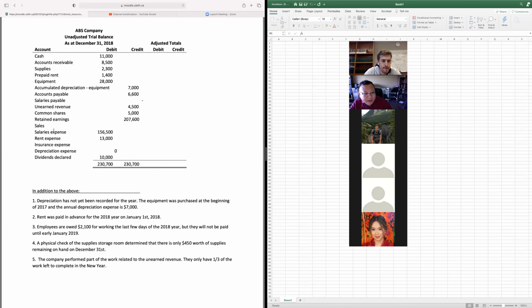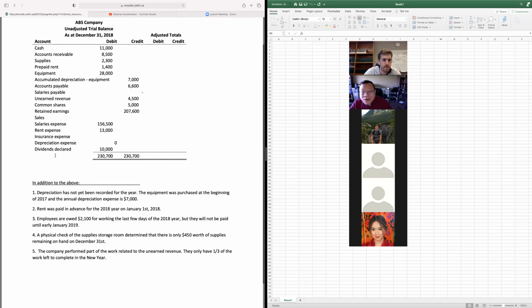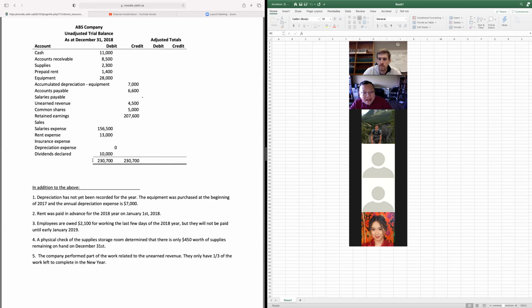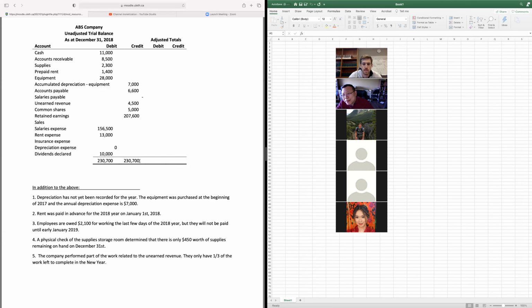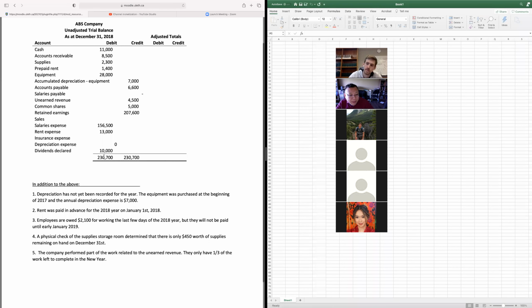And the whole point, I emphasize that the total debit has to equal the total credit. If these are not equal, then we are in big trouble. We have to go back to the bookkeeping to figure out what happened. The bookkeeper must have made some mistakes. So make sure these two numbers are always equal, okay?